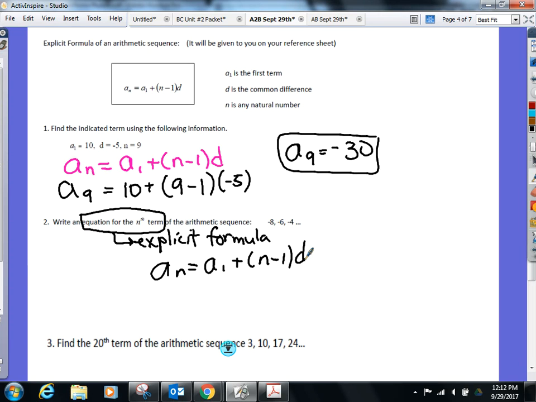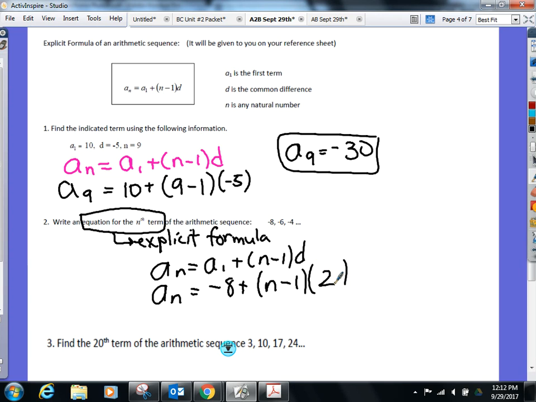You are not going to plug in for n because we're trying to write the equation for the nth term. So that's just going to stay a subscript n, everybody. All right, let's roll. Catherine, what's the first term? -8. So -8 plus, not plugging in for n, -1. How about that common difference now? Yes, +2.